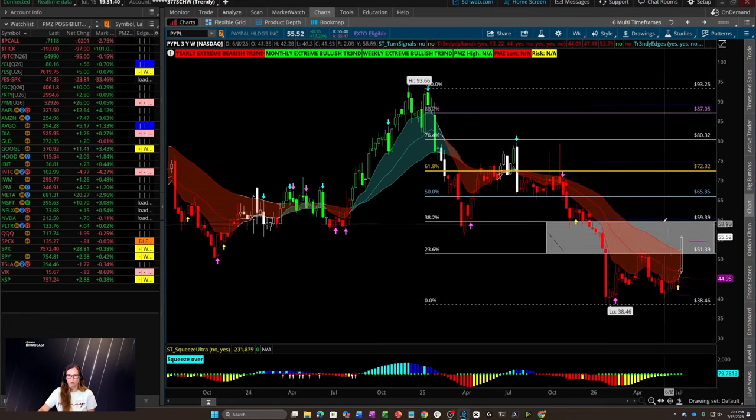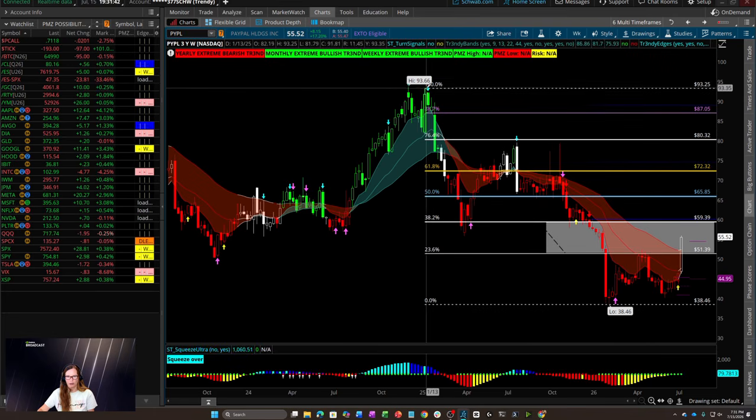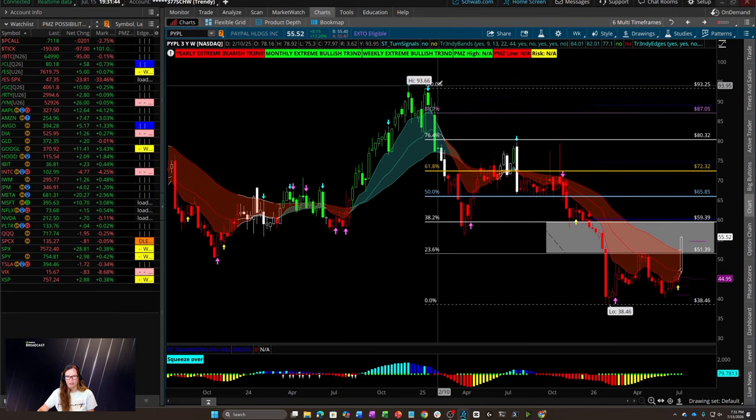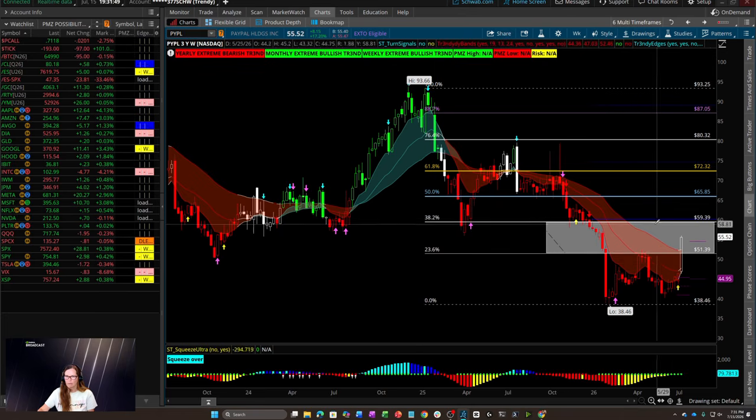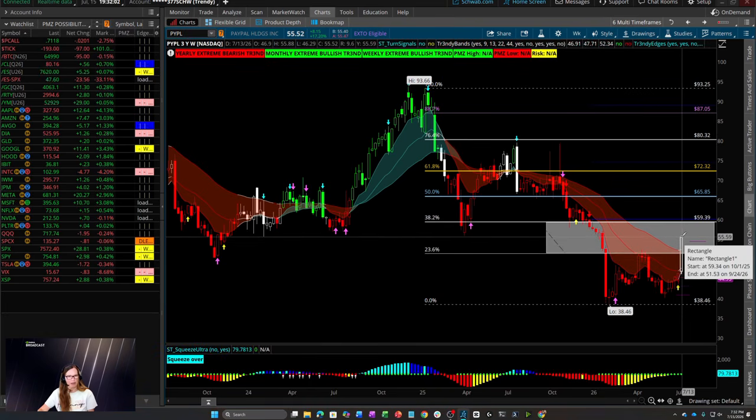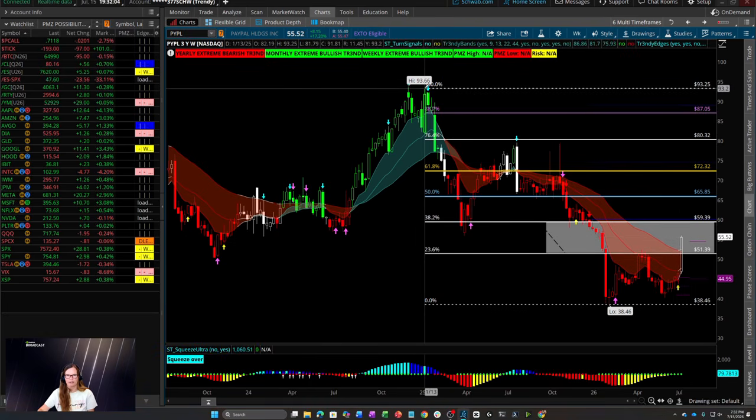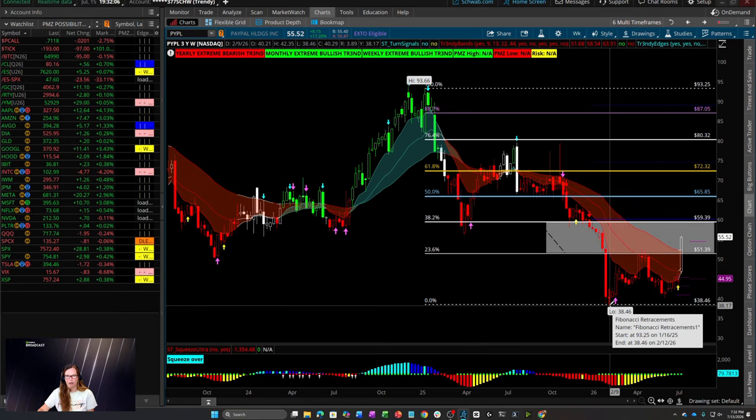In this zone, because we're in a downtrend, now your 100% is at the top and your 0% is at the bottom. We're in a downtrend. I am now looking for confirmation that sellers are overpowering buyers. So far on this weekly candle, I don't have that confirmation, but this is how you draw a downtrending Fibonacci retracement. All right?